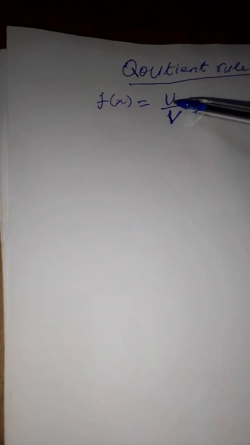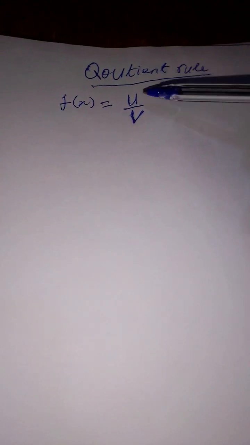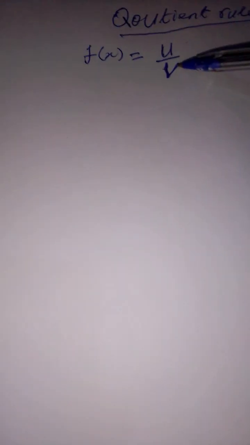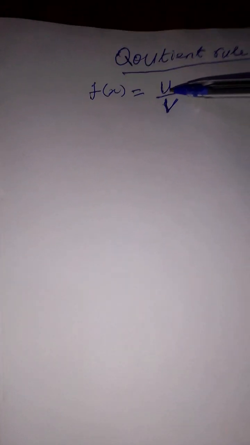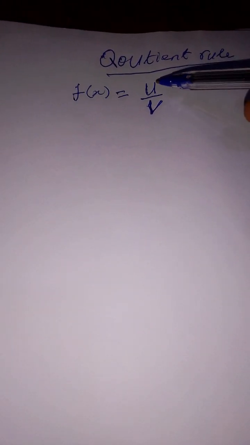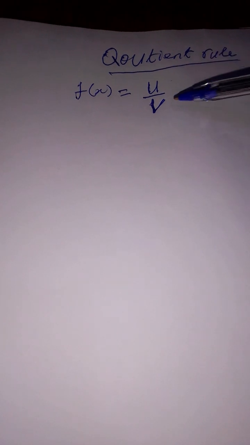To differentiate a function of this form, the quotient rule tells us that we should take the bottom and multiply. So we use the denominator and multiply by the derivative of the numerator, minus you take the numerator and multiply by the derivative of the denominator.